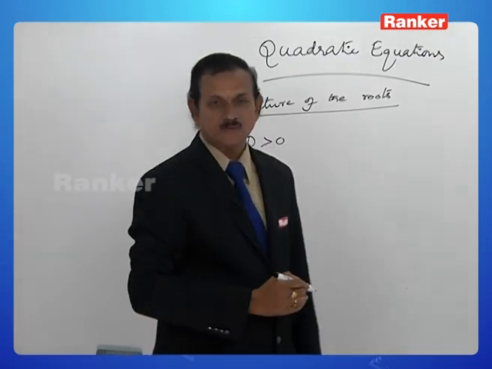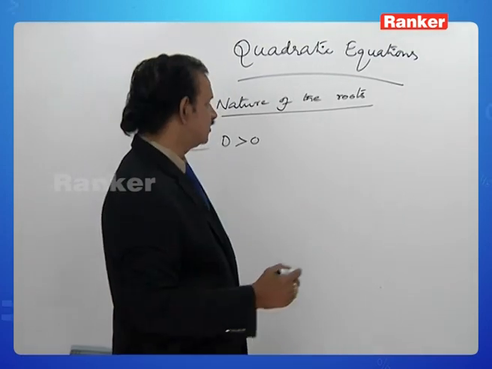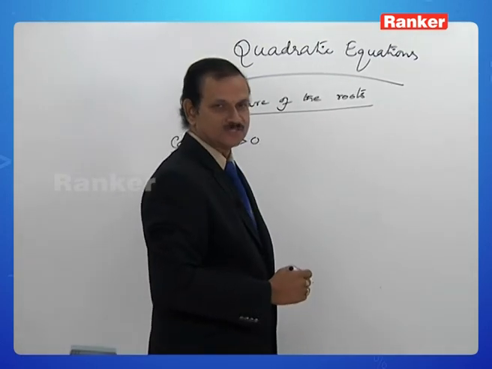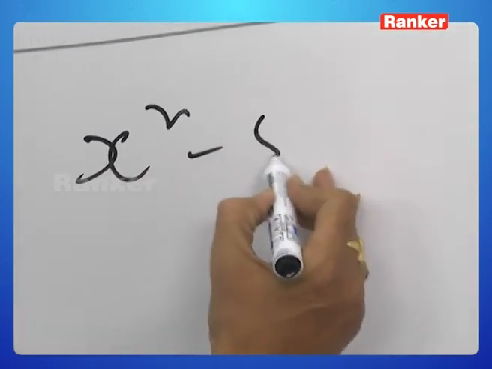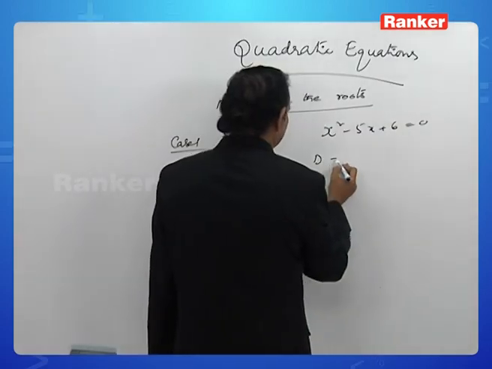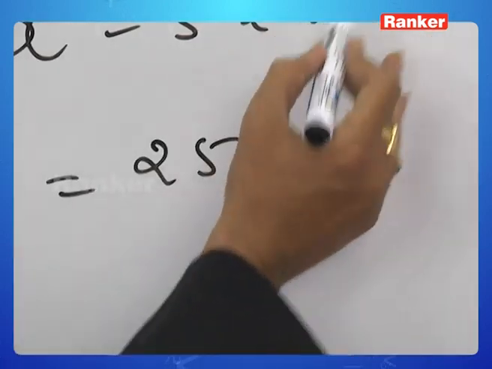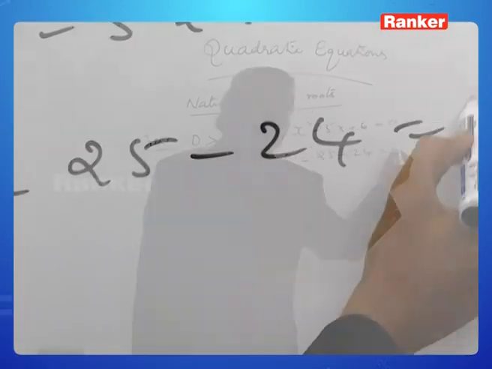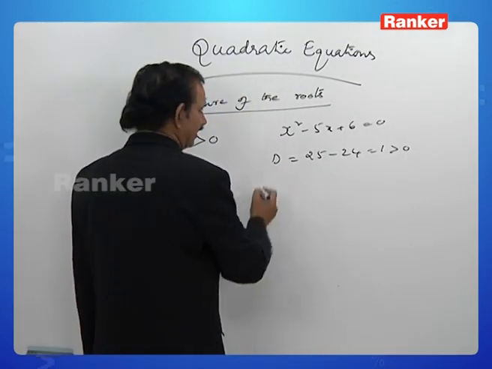Case 1. Discriminant is greater than 0. That is, b square minus 4ac is greater than 0. What happens to the fate of the roots of this equation? Observe the equation x square minus 5x plus 6 equal to 0. What is the discriminant here? B square, that is 25, minus 4ac, that is 24, is equal to 1, which is greater than 0.